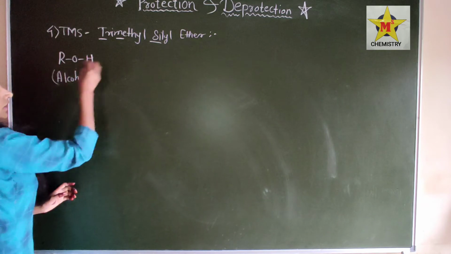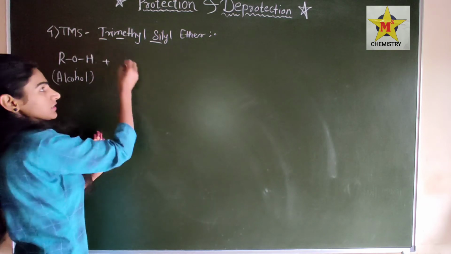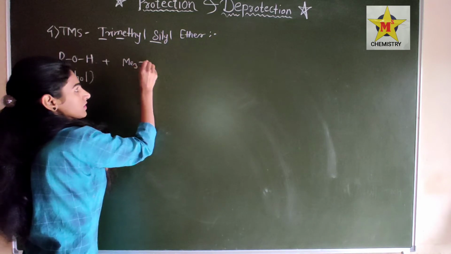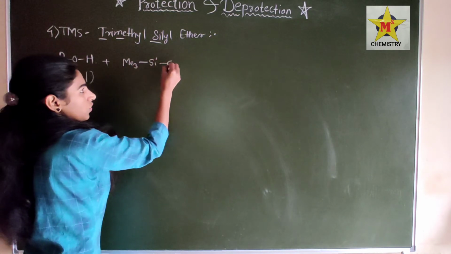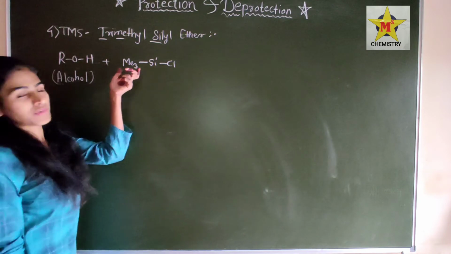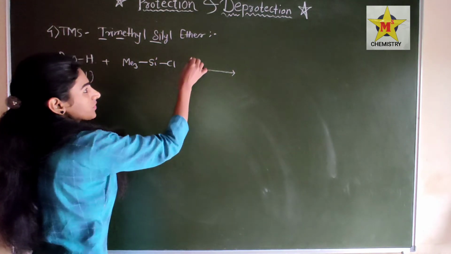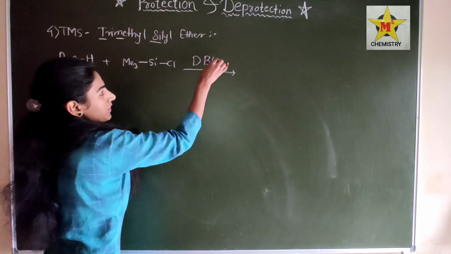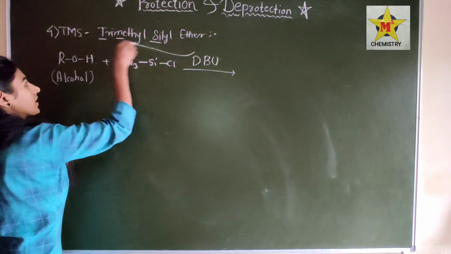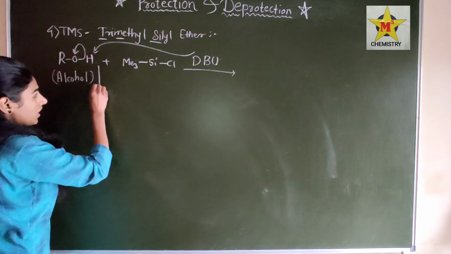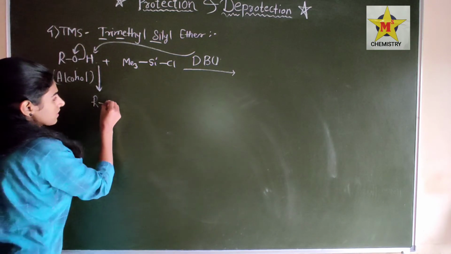To the alcohol we add trimethyl silyl chloride, Me3SiCl, in the presence of a base like DBU. This base will abstract this hydrogen atom and it will become O minus, RO minus.